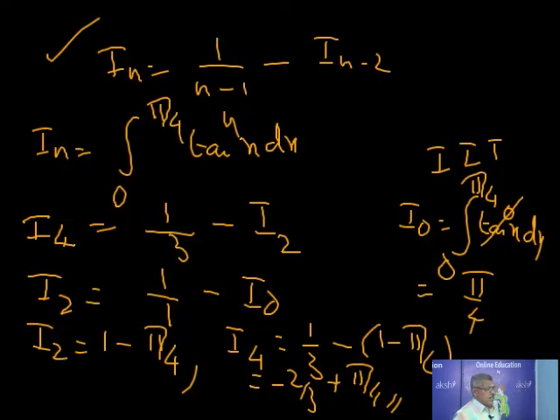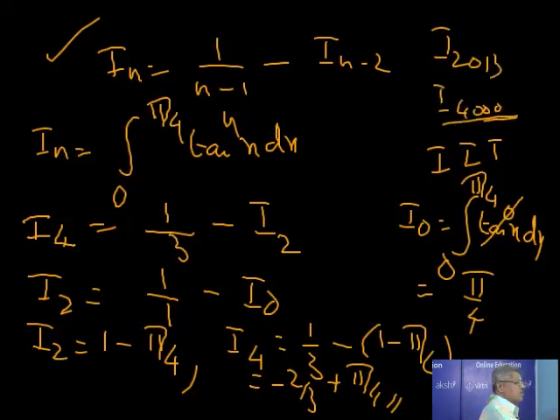So we can also write a computer program. Once you give a reduction formula to the computer, by iteration, we can find the value of I100, I2013, I4000. Any value can be obtained by successive reduction.